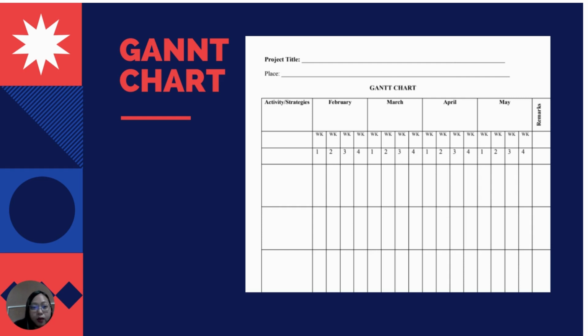Okay, so what you will write in your Gantt chart is, first, the conceptualization of your project. Second is your implementation. So you have to be specific with the activities that you will do for the entire April. For example, you will buy materials, or gather the necessary materials that you'll be needing during your urban gardening.